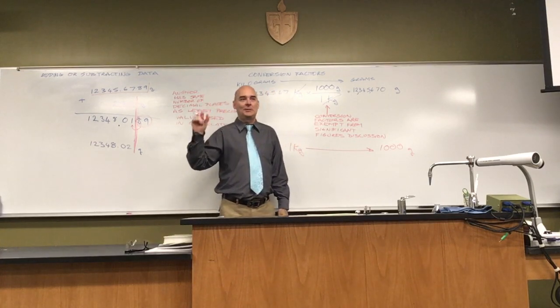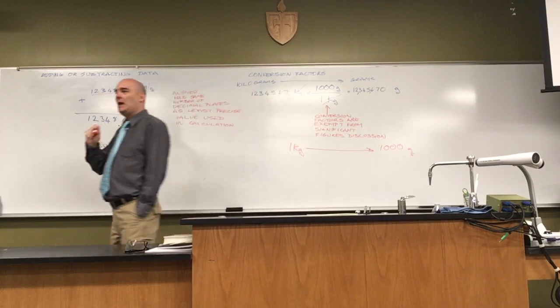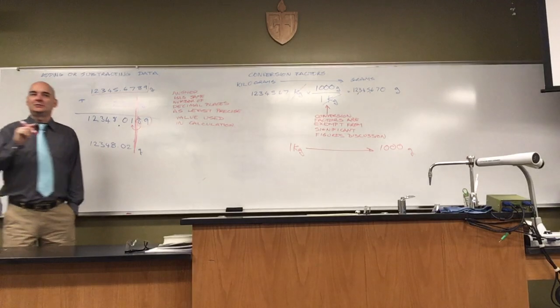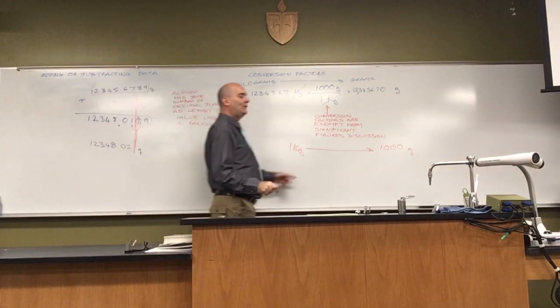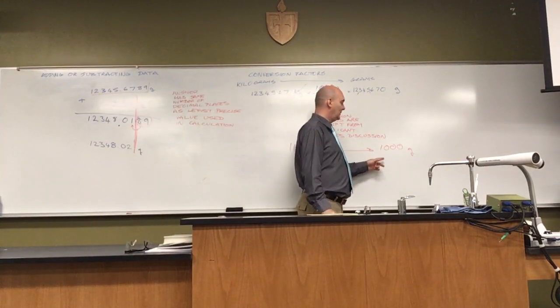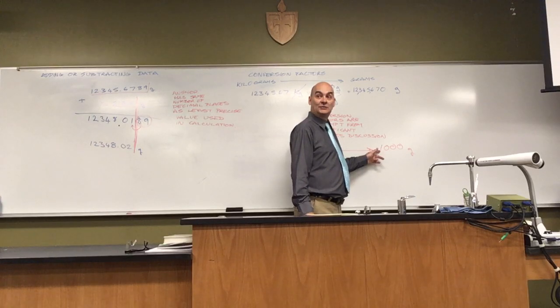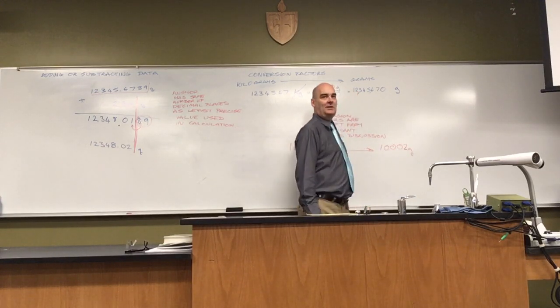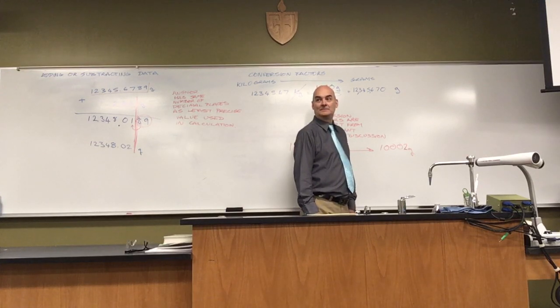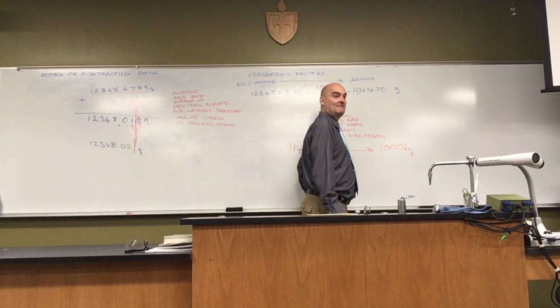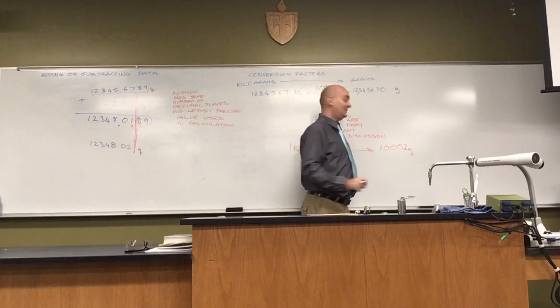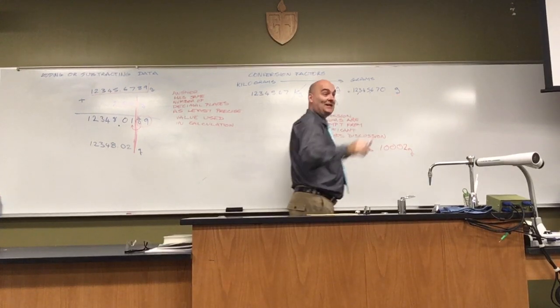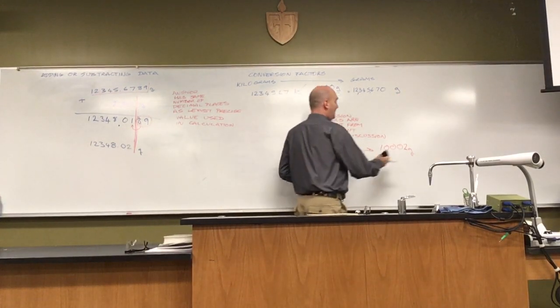Zeros before the decimal don't count. Zeros after the first real number or after the decimal only count if there's another number after them. Do they count if there's a decimal place in the number? Yes. So that's where that awkward decimal comes from. That's when we actually use it.